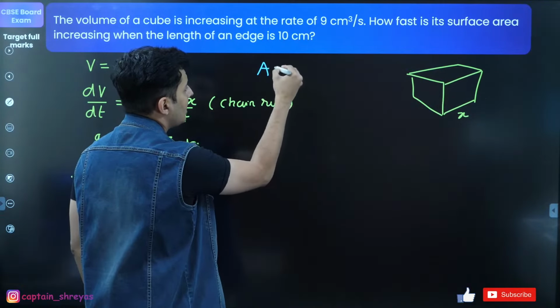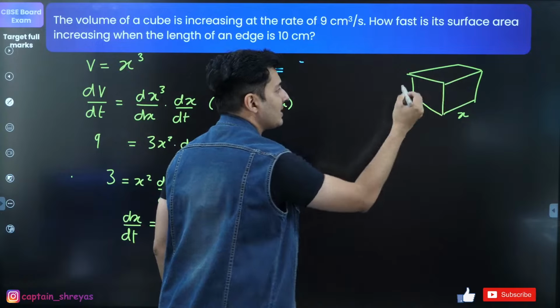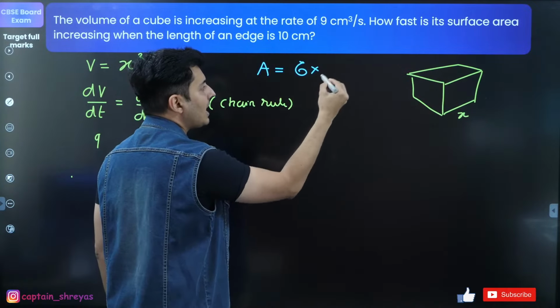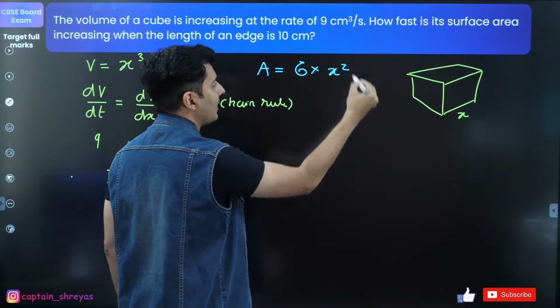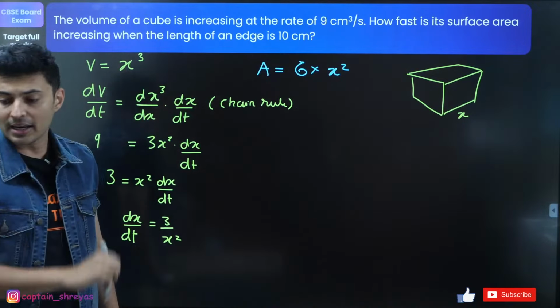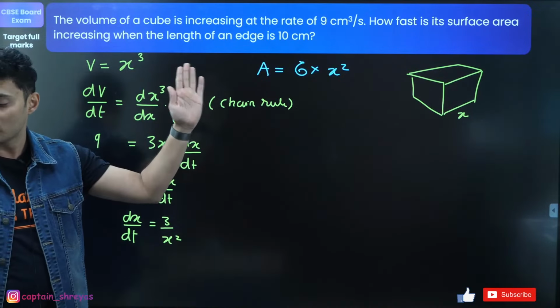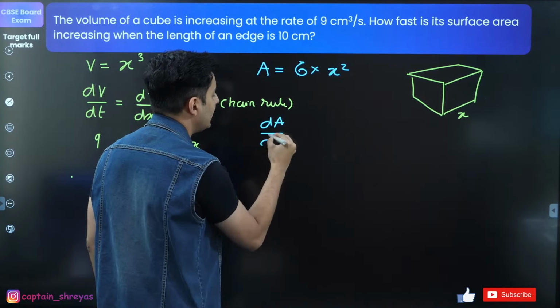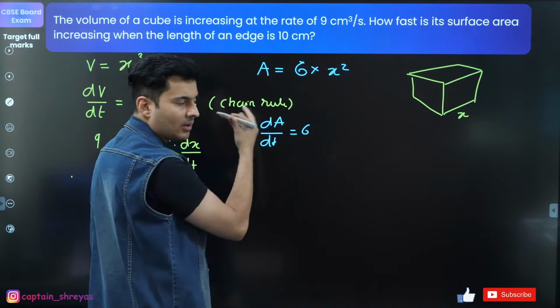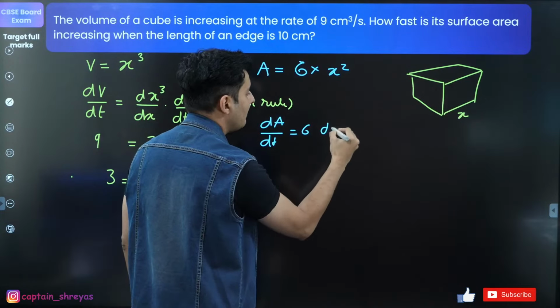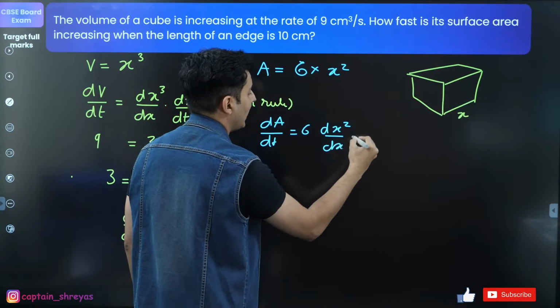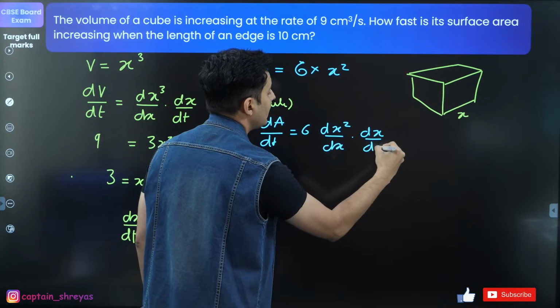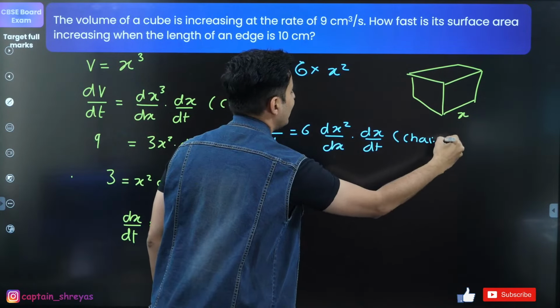Now what is area? Area is nothing but there are 6 faces, each having an area of x square. So 6x square is the area, yes or no? 6x square is the area. So just take the derivative. dA by dt will be 6, it's a constant, so it's outside, times the derivative of x square with respect to x into dx by dt, again using chain rule, mention that.